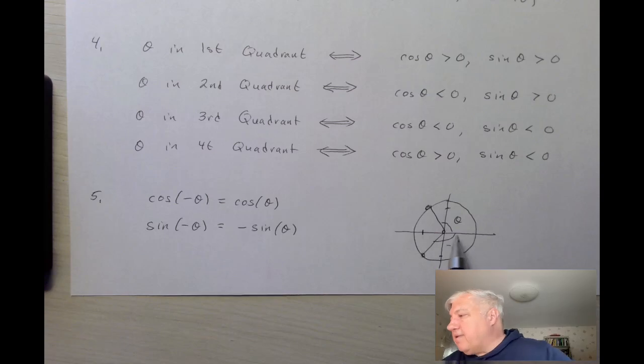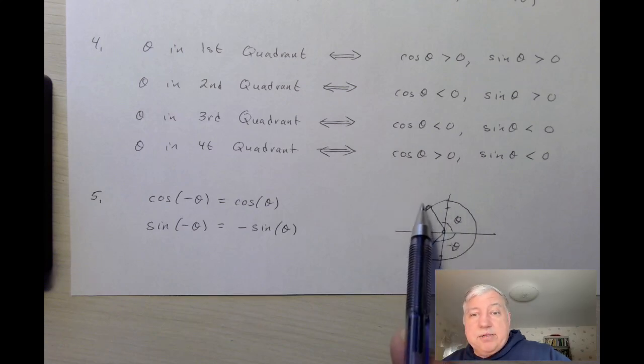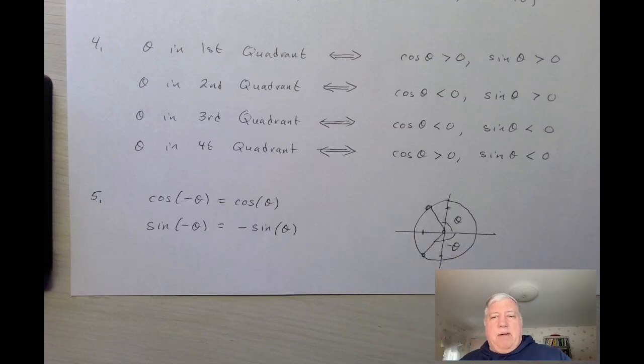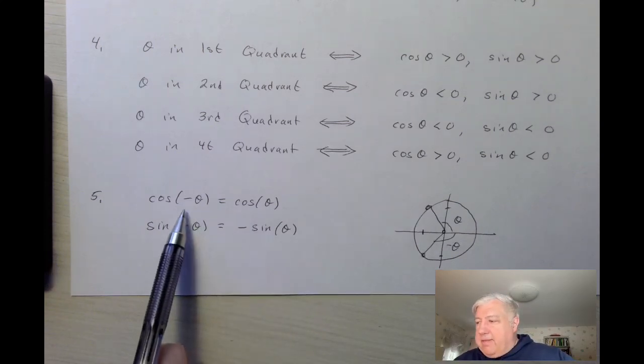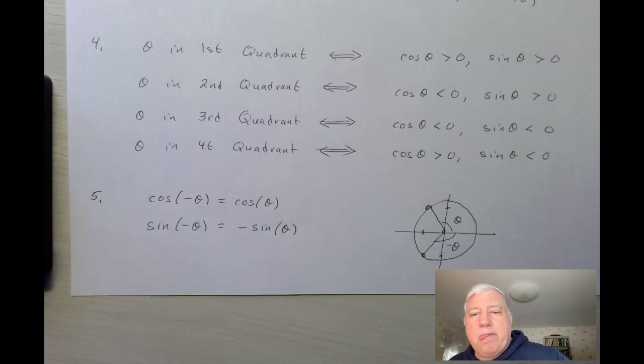The reason for that is as follows: if we take this point here and rotate it counterclockwise through an angle of theta, and then do the same thing and rotate it clockwise, we see that these 2 points are always going to be opposite each other across the x-axis. So the x-coordinate is going to be the same, and the y-coordinate is going to be opposite. Because the y-coordinate is always the opposite, we have minus sine of theta here. And this also means that cosine of minus theta is just equal to cosine theta. So that's why this works.